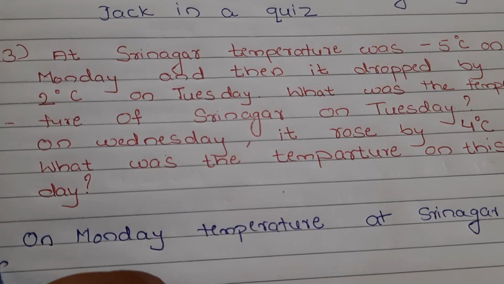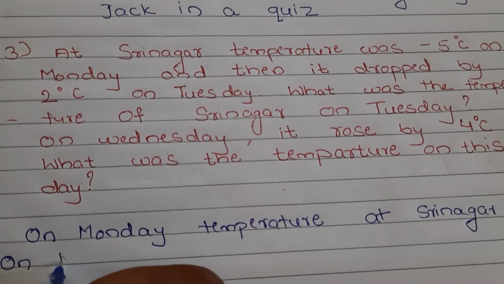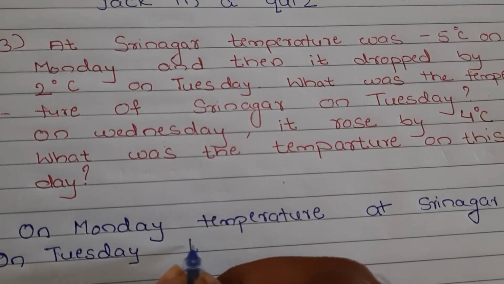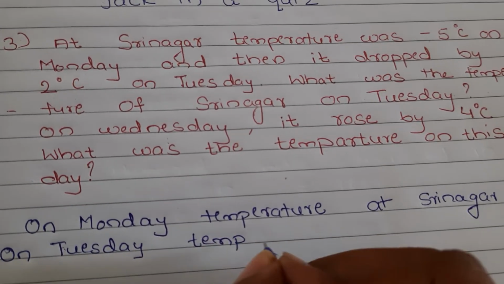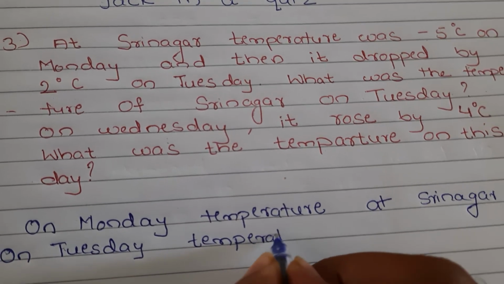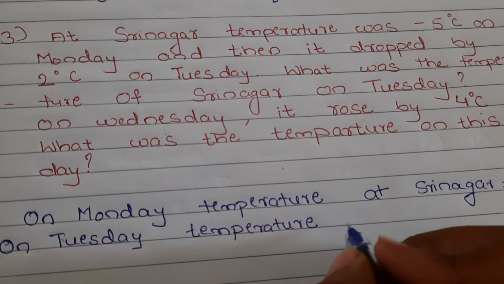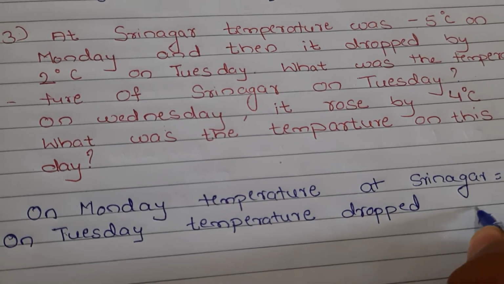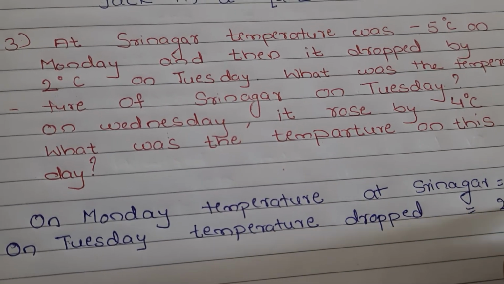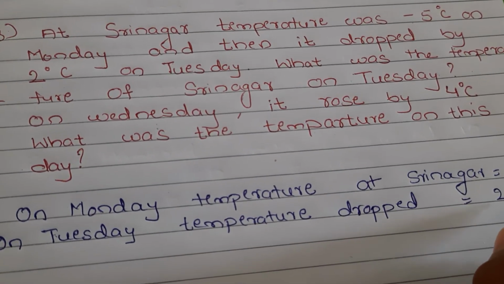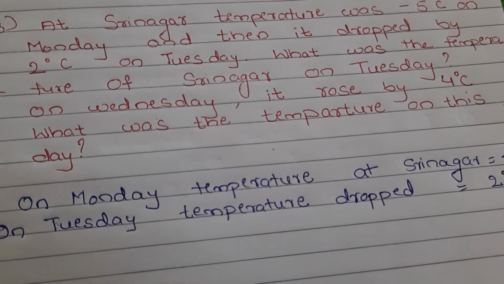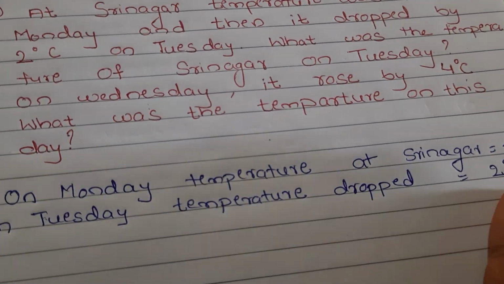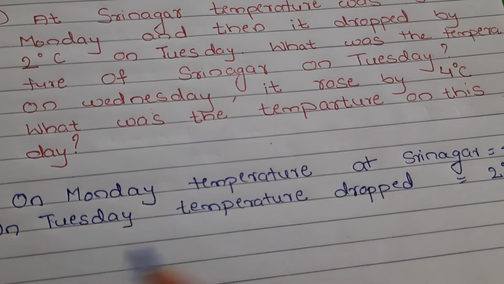Again, on Tuesday, the temperature dropped 2 degrees Celsius. How much will it drop? 2 degrees Celsius. Drop means it will decrease, so we have to subtract here to find the exact temperature on Tuesday, means we have to subtract these two numbers.